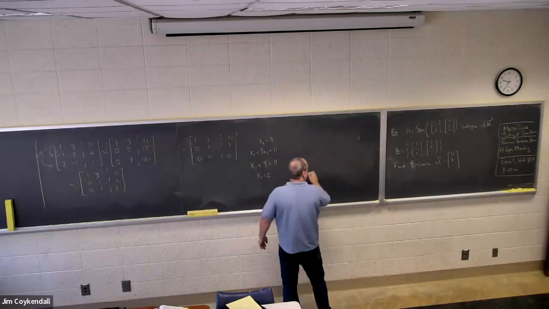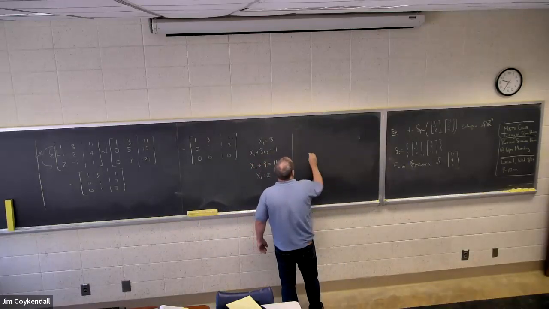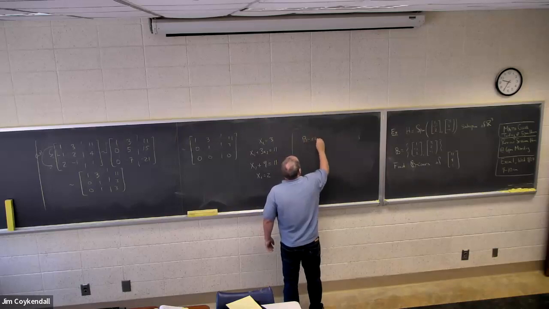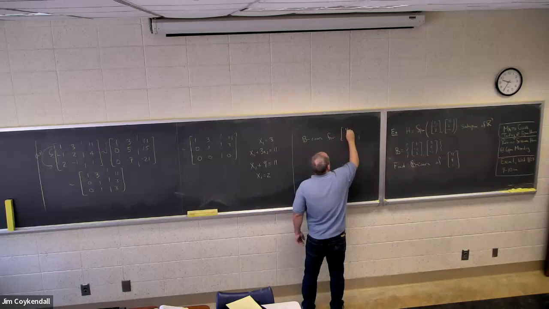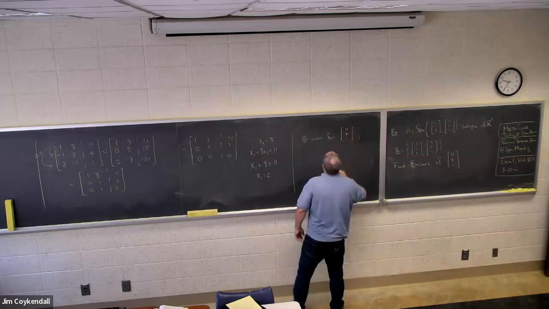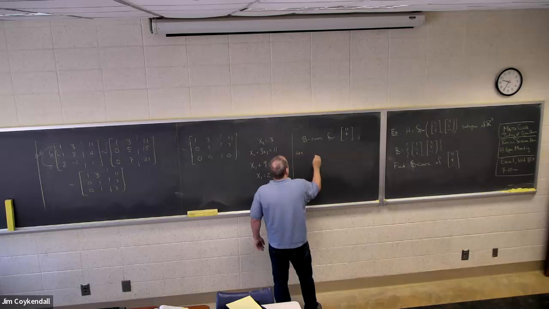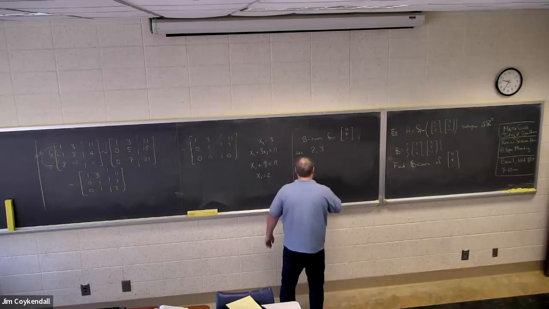So the coordinates for this vector (11, 4, 1) are, in order, 2 and 3.